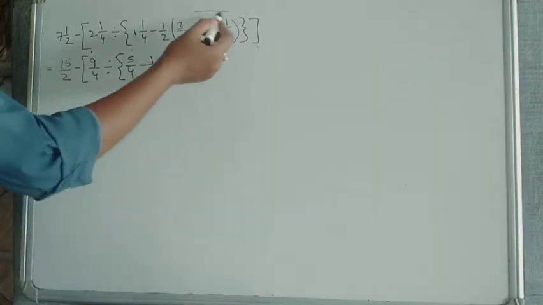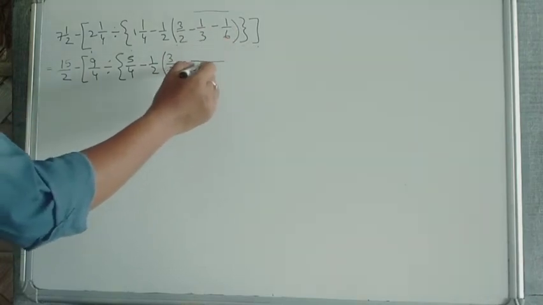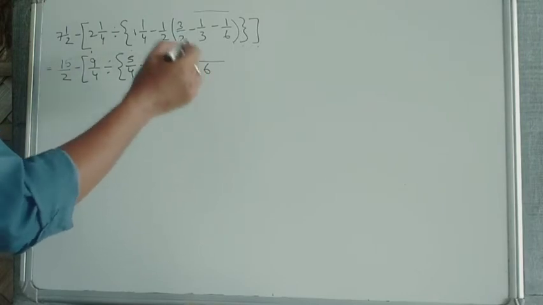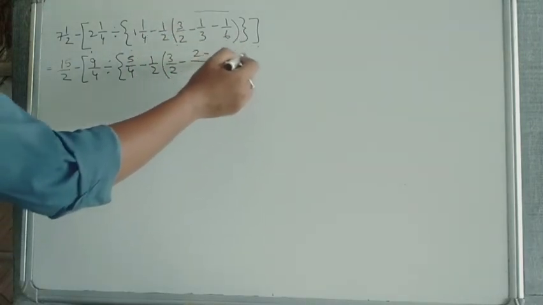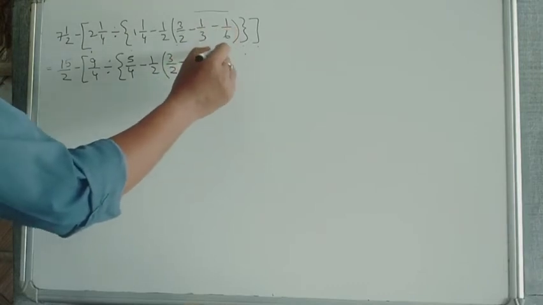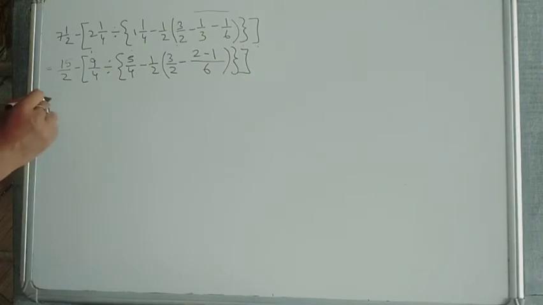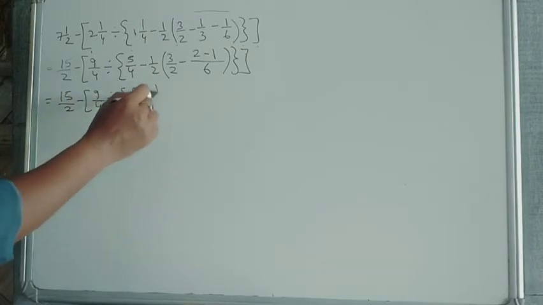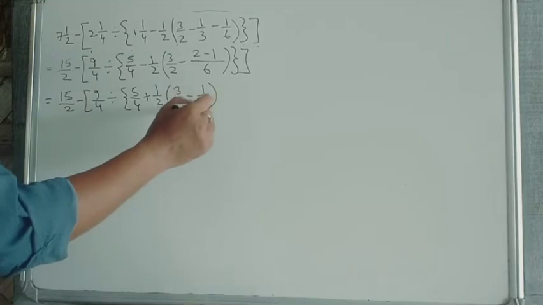Now we have to solve this bar. So this gives me 3 and 6. 6 will be the LCM. 3 2 ja 6, 2 1 ja 2 minus 6 1 ja 6, 1 1 ja 1. Other things remain the same. So 2 minus 1, 1 by 6.